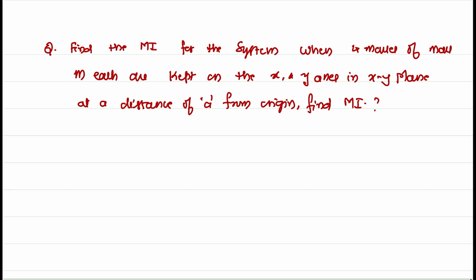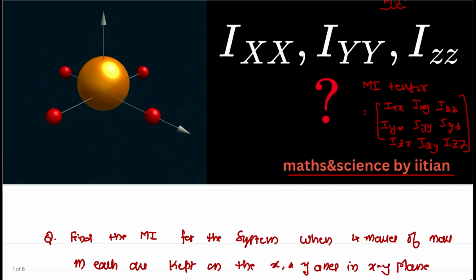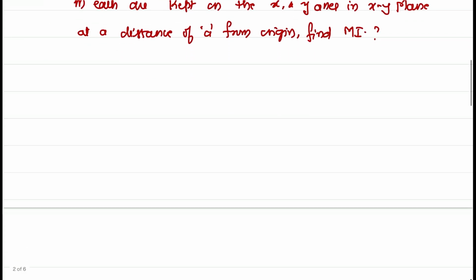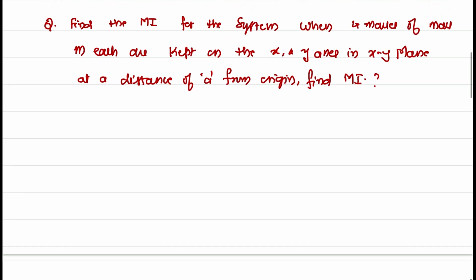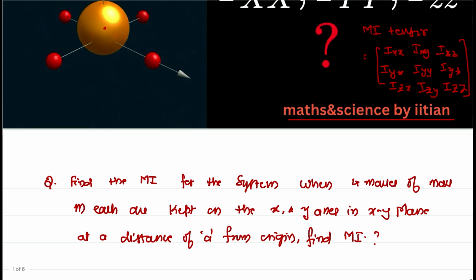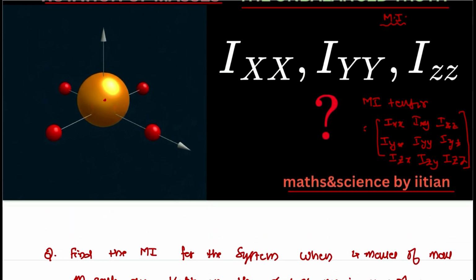The question is, there is a sphere, here it is, from the center. I have just shown you a diagram of a sphere with axes. It is not showing the exact question.